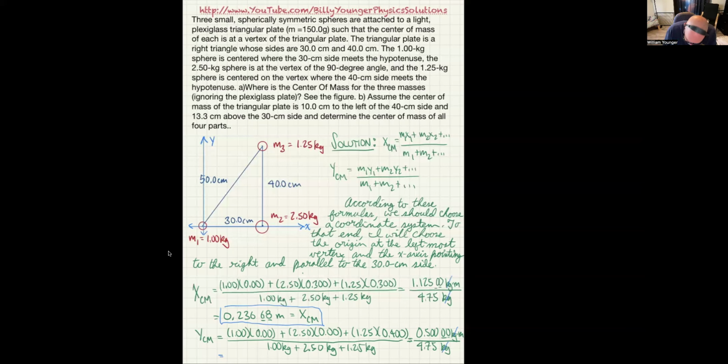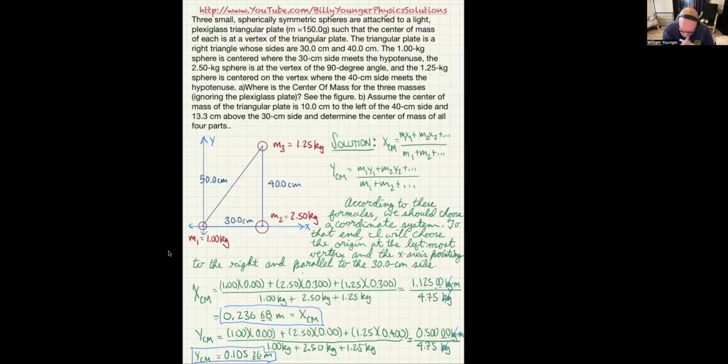So I get Y center of mass is equal to 0.105, and then 2 extra digits would be 26 meters. And that is YCM. And I've obviously run a little bit out of room in that space, so I'm just drawing it like this. And that's the X center of mass and the Y center of mass for this particular arrangement.